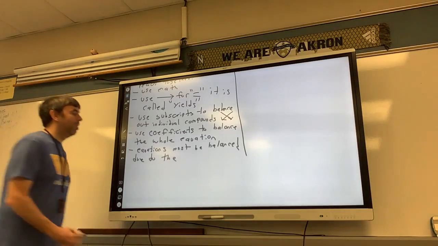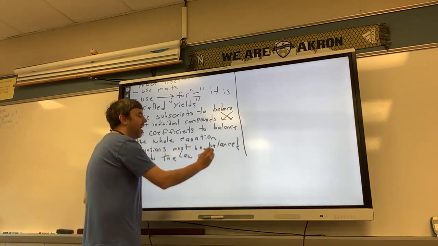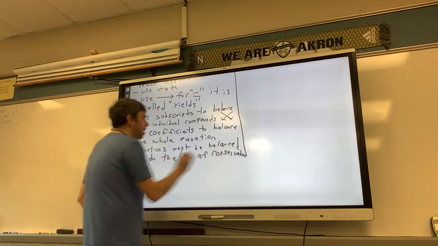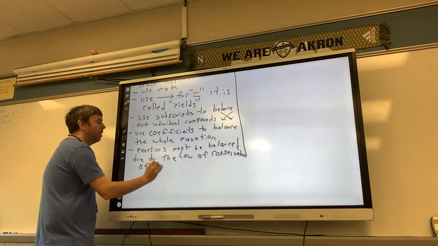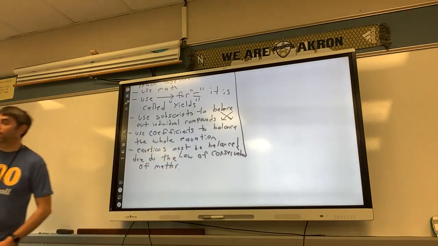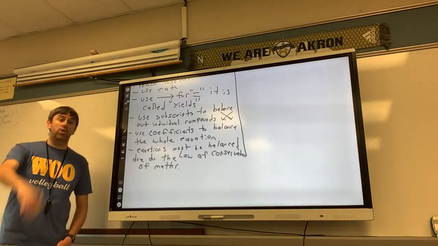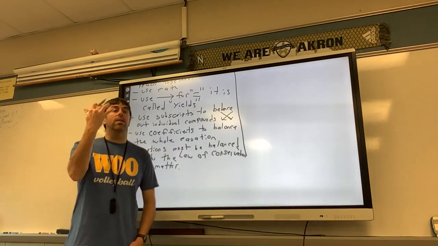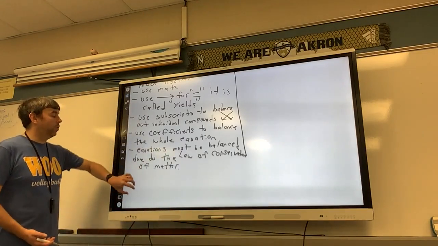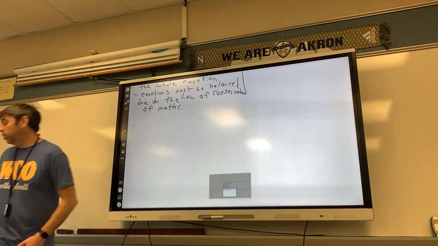Have you guys ever heard of the law of conservation of matter? What does the law of conservation of matter say? Matter cannot be created or destroyed. It can only change forms. That's why we have to balance equations, because it can only change forms.